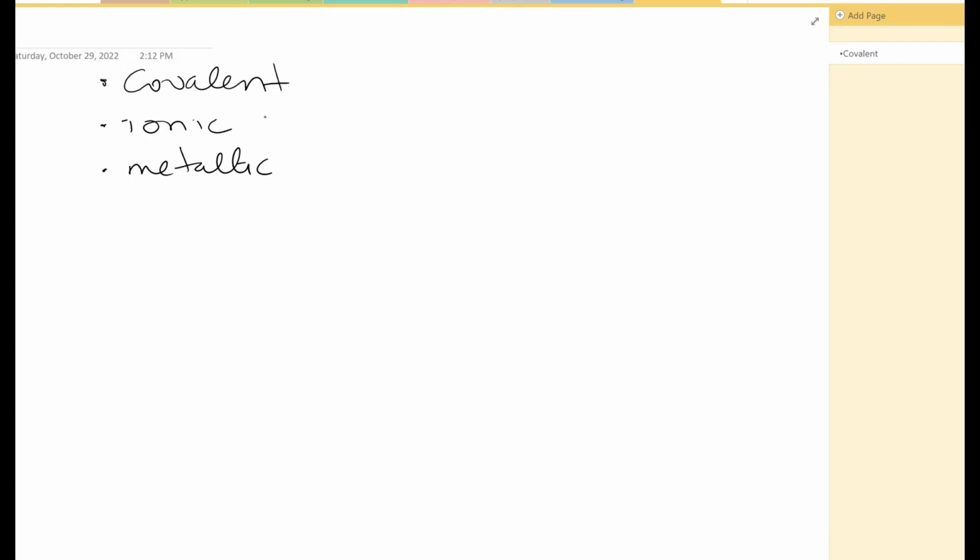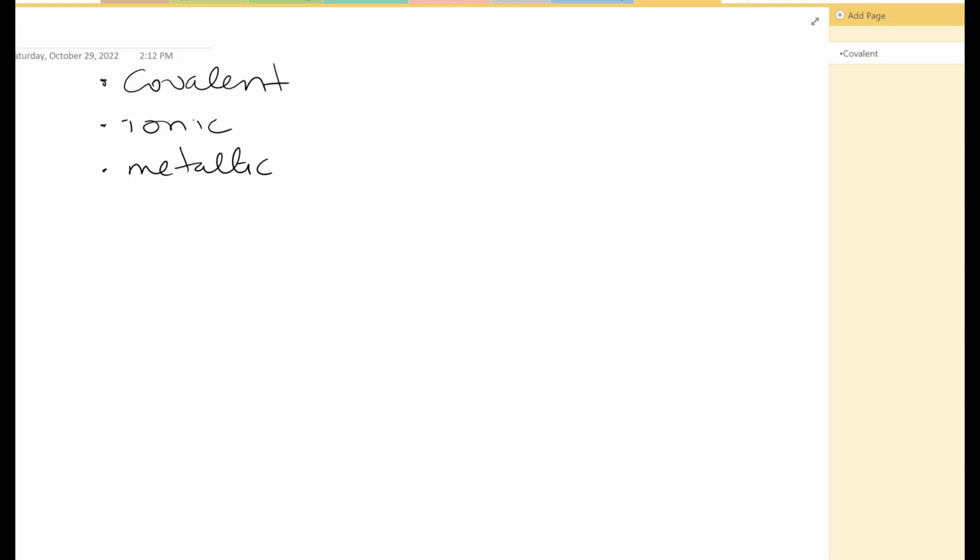So you need to know what forms each of them and what kind of properties they have. Covalent compounds have lower melting and boiling points. Ionic compounds have very high melting points, and metallic varies. With metallic compounds, you can have low melting points or high melting points. Something like mercury is liquid at room temperature, but copper requires a lot more heat in order to melt.